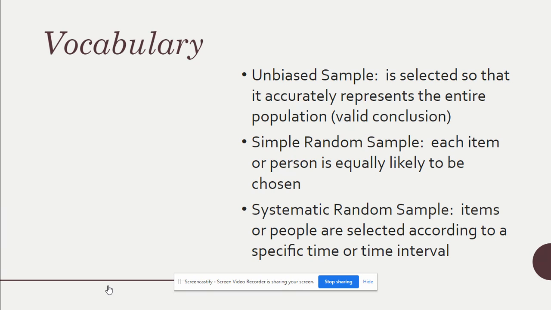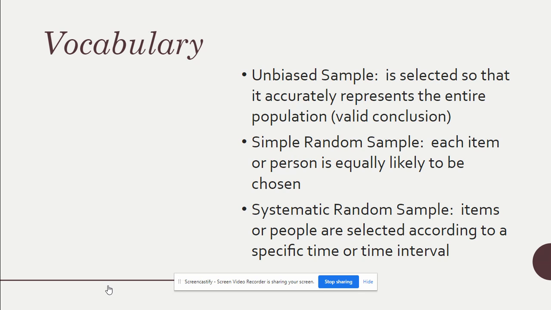But anytime you control the group that you're surveying, and there has to be some control to some degree, if I only surveyed my math students on something, that's not a great way of doing that because I'm not opening up to the entire population of students of that grade or the entire population of students for the school. So it's got to accurately represent that. So a biased sample is kind of the opposite of unbiased.